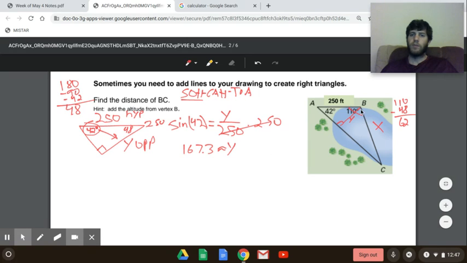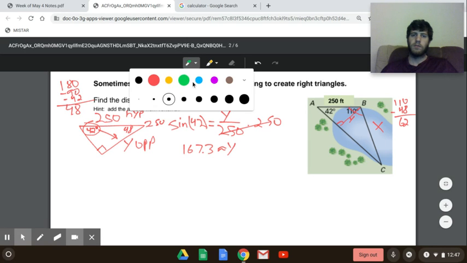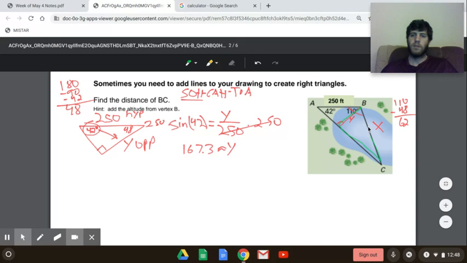So if we draw that second triangle, this triangle, it's going to look like this. There's your right angle.